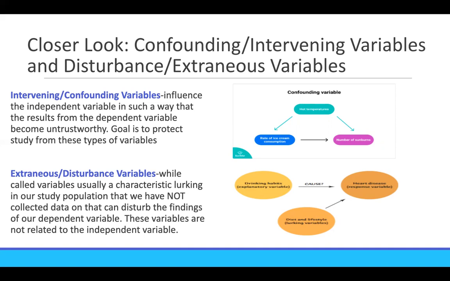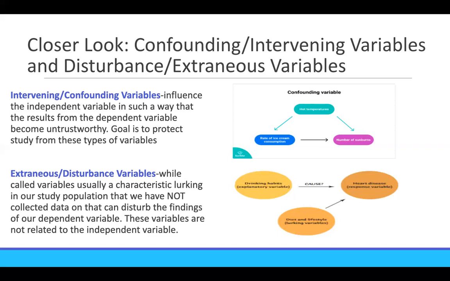Now, what about extraneous or disturbance variables? These are variables, and the word that your textbook uses is lurking. They're lurking in our study population, and sometimes we have not collected data on that variable, and it can disturb the findings of our dependent variable. Usually, these variables are not related at all to the independent variable. That's why they're different than confounding variables. So let's look at this example that I gave here.